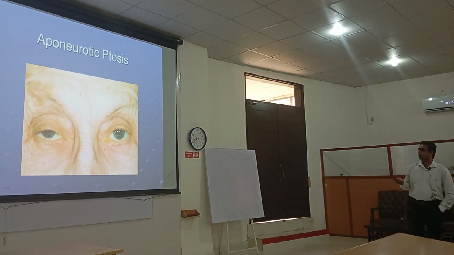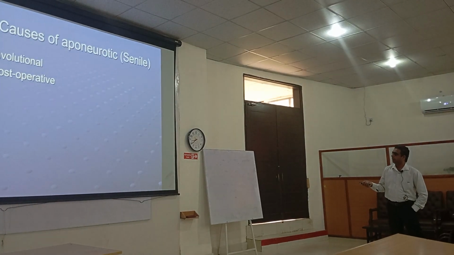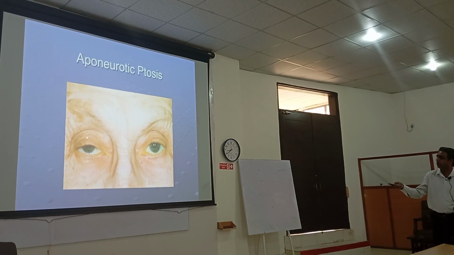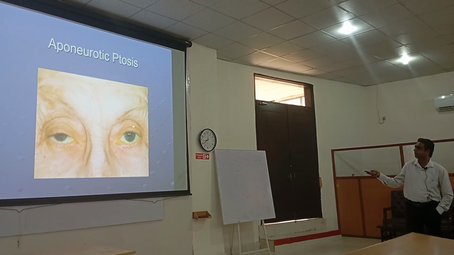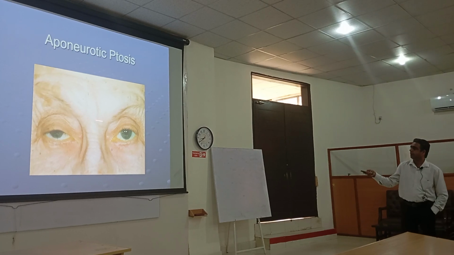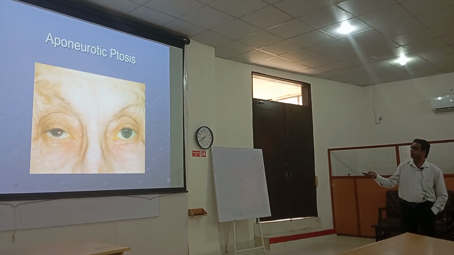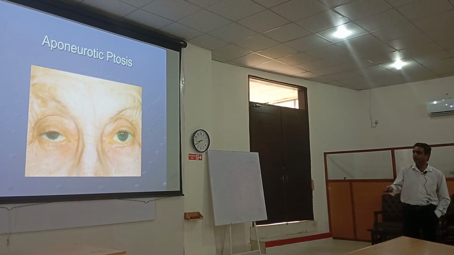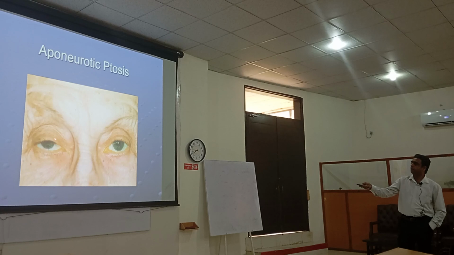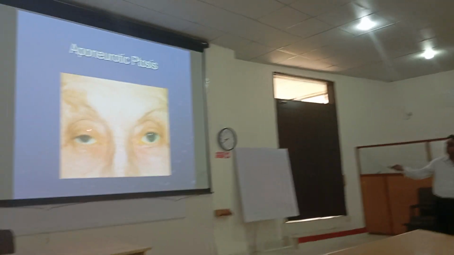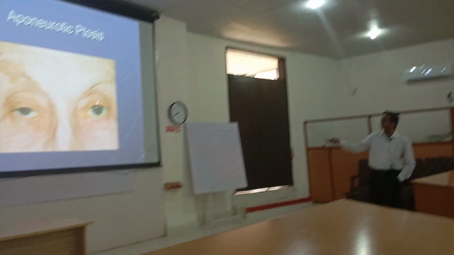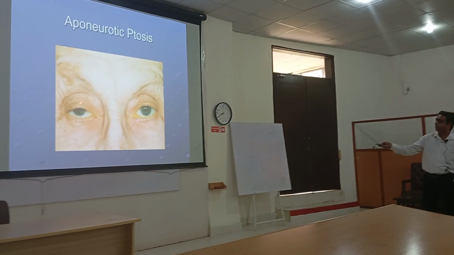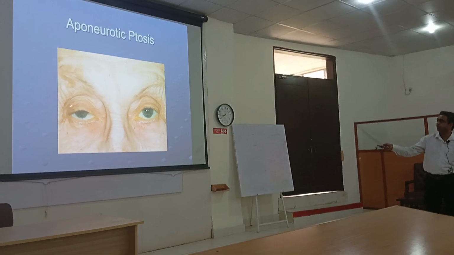Now you can see in this picture that this eyelid crease has gone upward, and this is the crease at the right place, and this eye is the ptotic eye. How much the ptosis is, we will discuss in the coming slides. The cause of ptosis is that the fibers of the levator muscle which insert here and make the upper eyelid crease are disinserted because of aging.